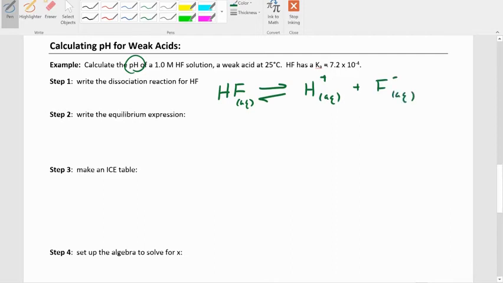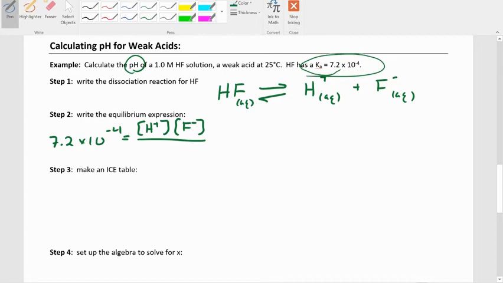Now, the Ka value is really, really small. And so the equilibrium expression ends up being 7.2 times 10 to the negative fourth, and that's going to be equal to products over reactants again. So the concentration of H plus times the concentration of F minus all over the concentration of HF, hydrofluoric acid.